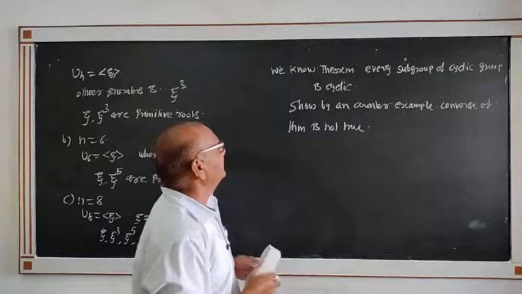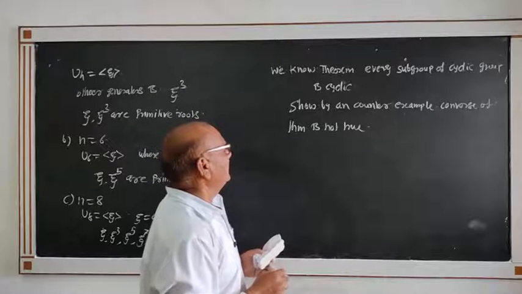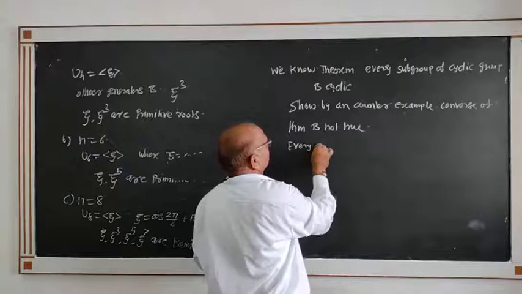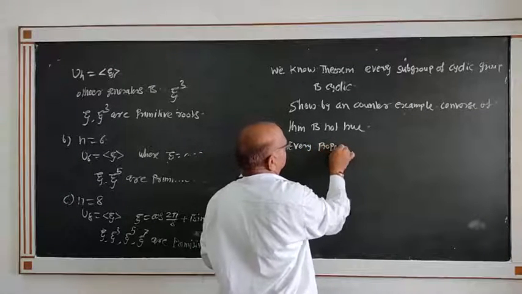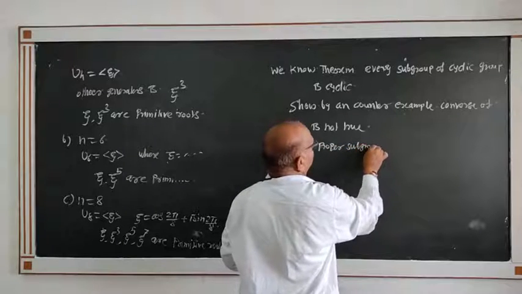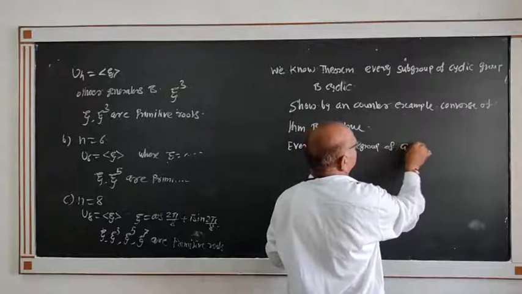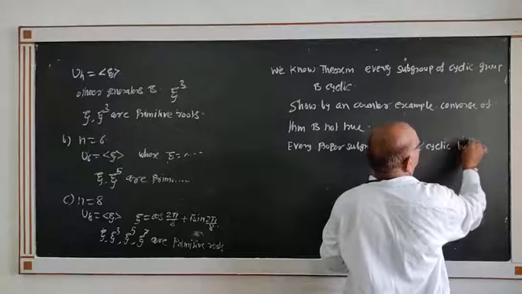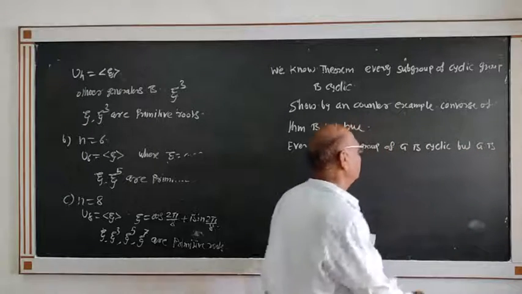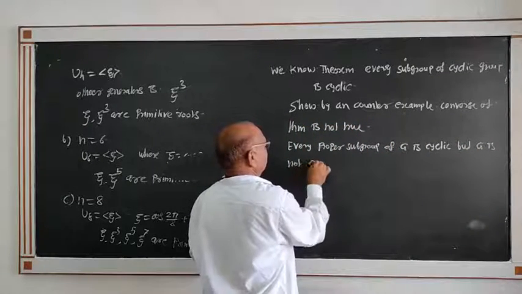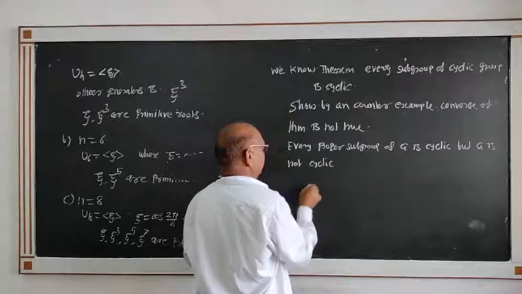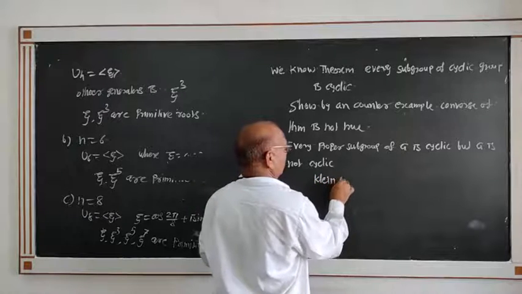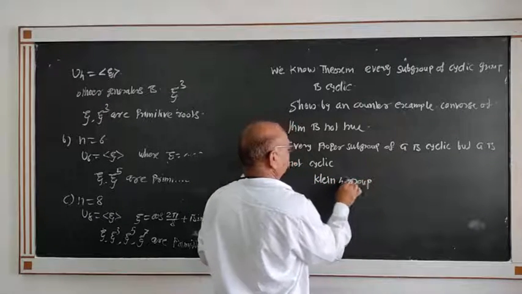That means every proper subgroup of G is cyclic, but G is not cyclic. For example, take the Klein 4 group.